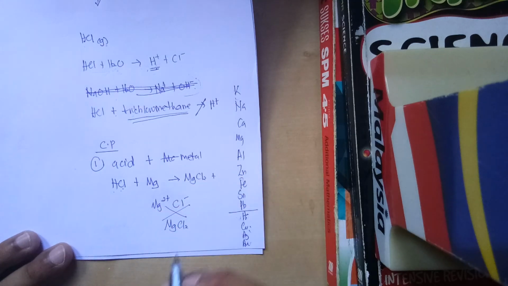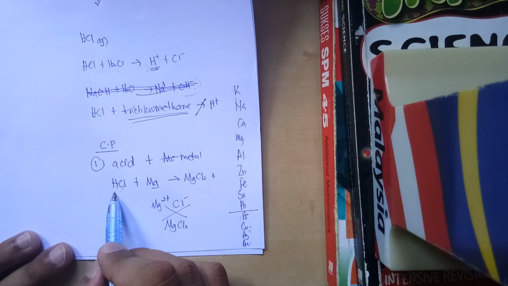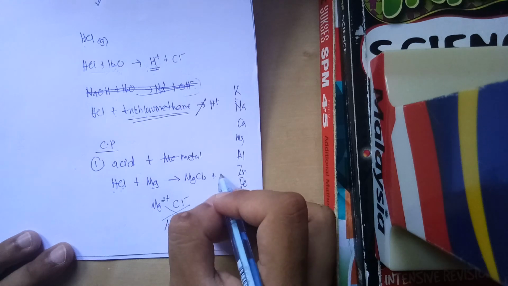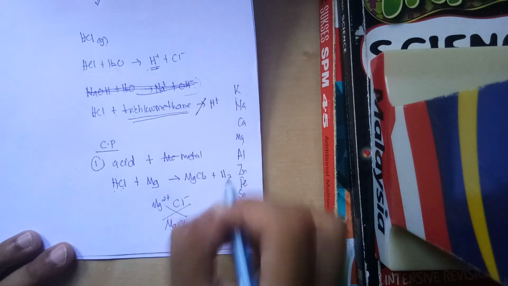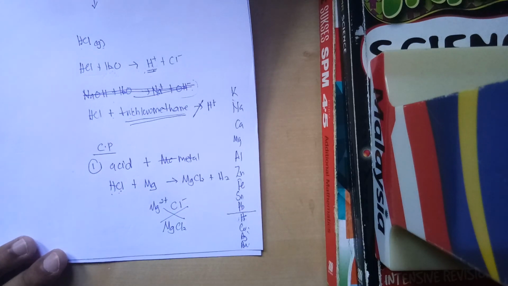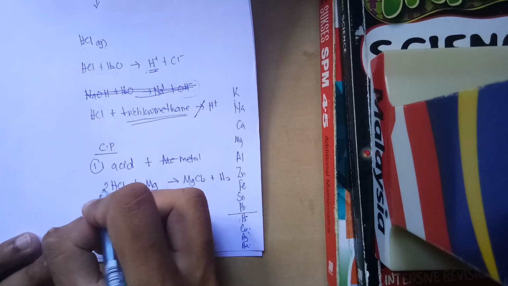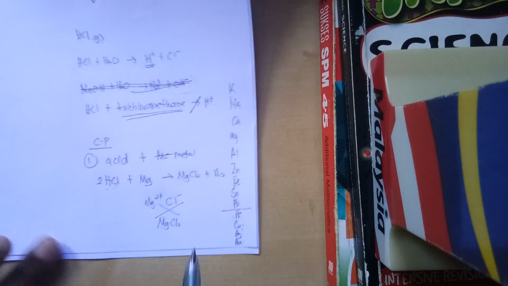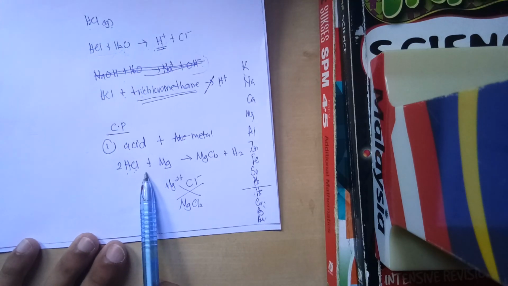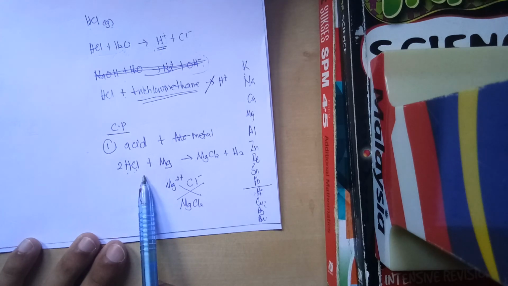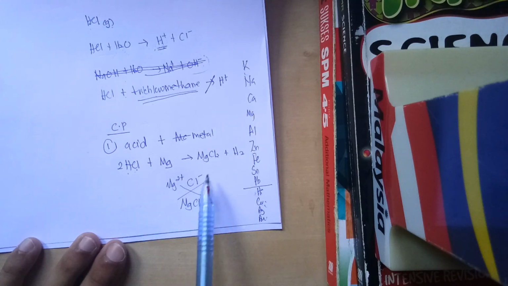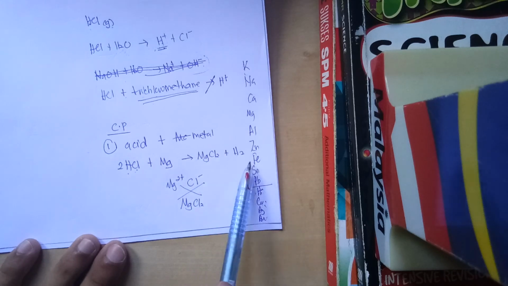So what happened to hydrogen? As you know, hydrogen is a non-metal, it cannot stand alone, it should be H2. So you balance, and this is the balanced equation. Now you know that acid can react with any metal that is more reactive than hydrogen to produce salt and hydrogen gas.